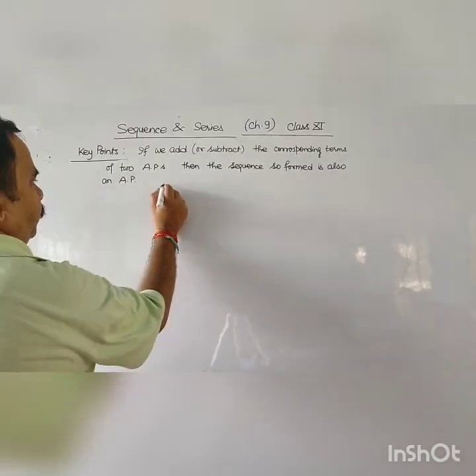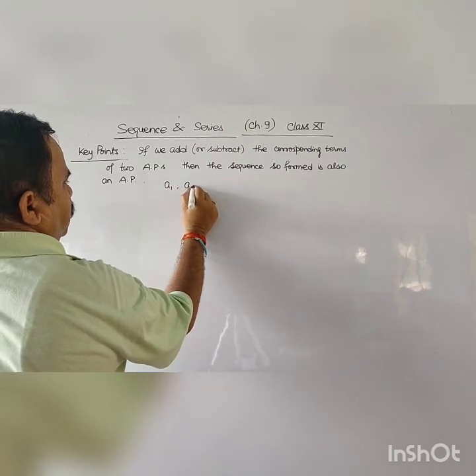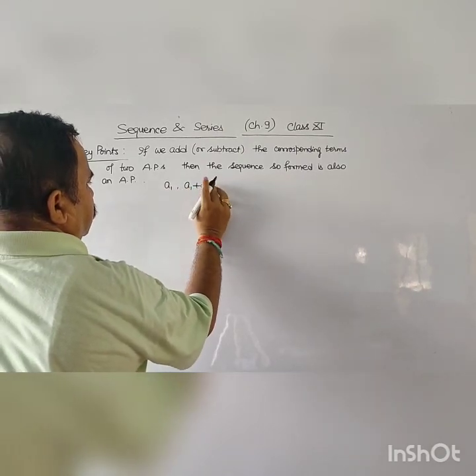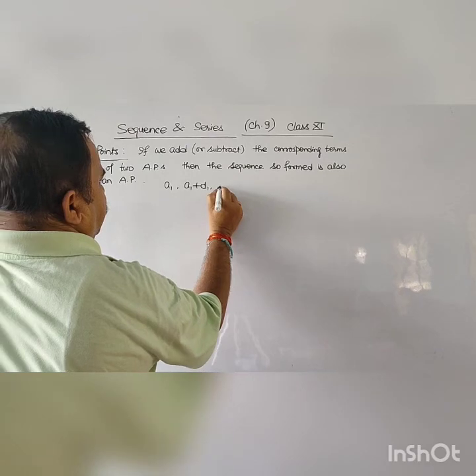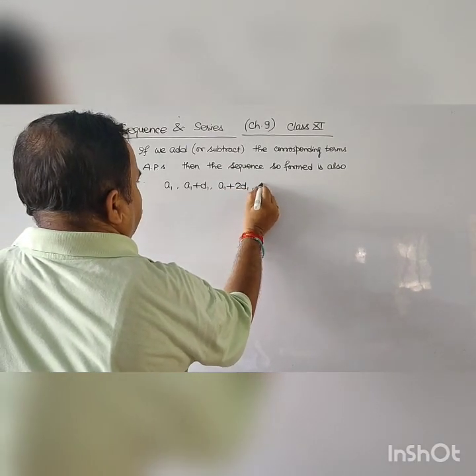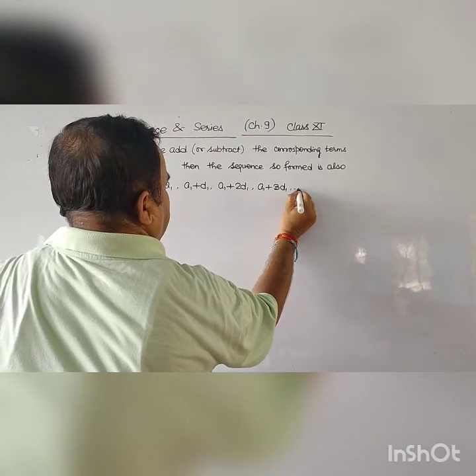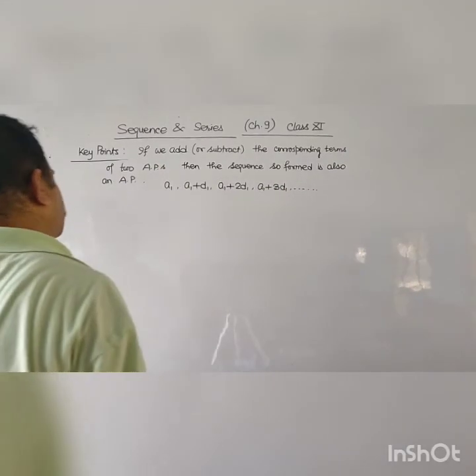Now we take two APs. The first AP is A1, A1 plus D1, A1 plus 2D1, A1 plus 3D1, and so on.